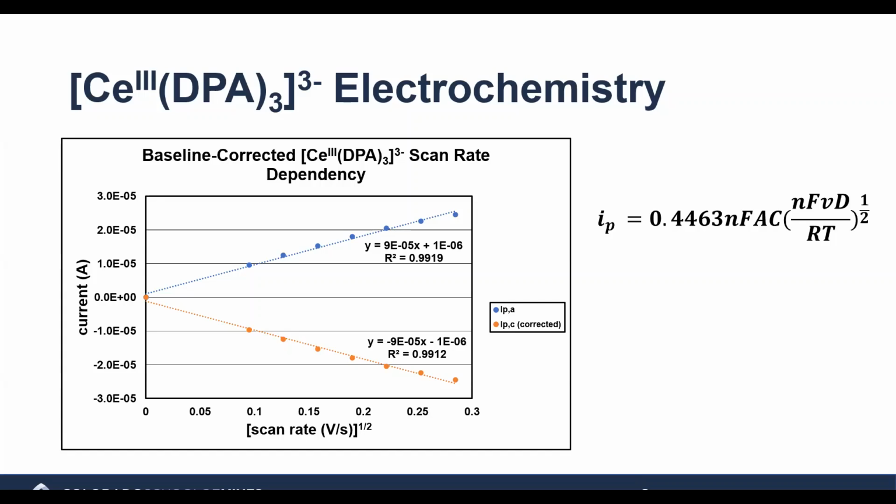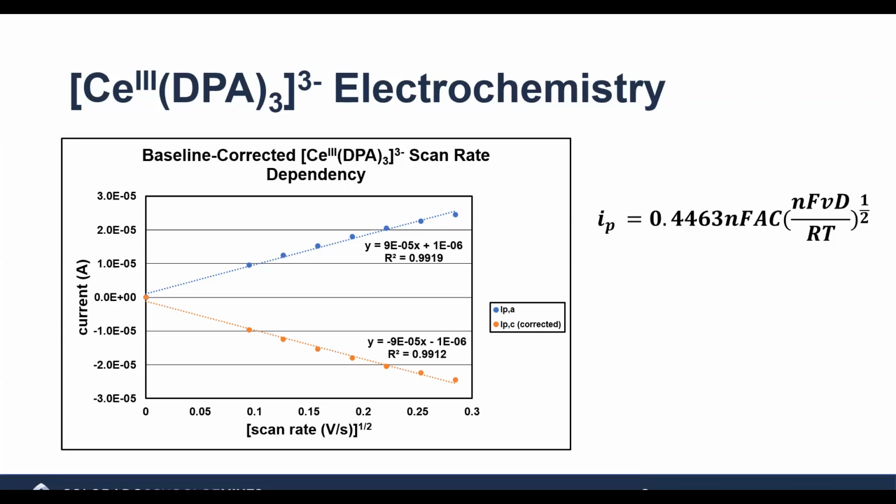What we see is a linear relationship between the peak current and the square root of the scan rate, which is indicative of the redox species being oxidized and reduced in solution as opposed to being adsorbed onto the surface of the electrode, which is what we want to see.